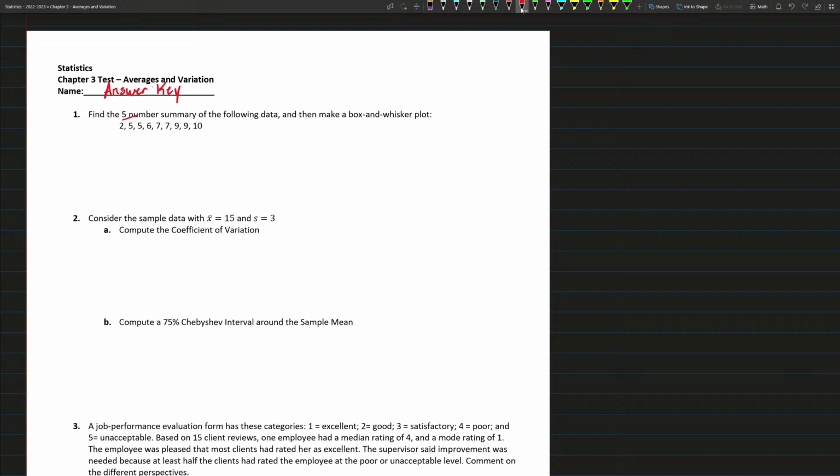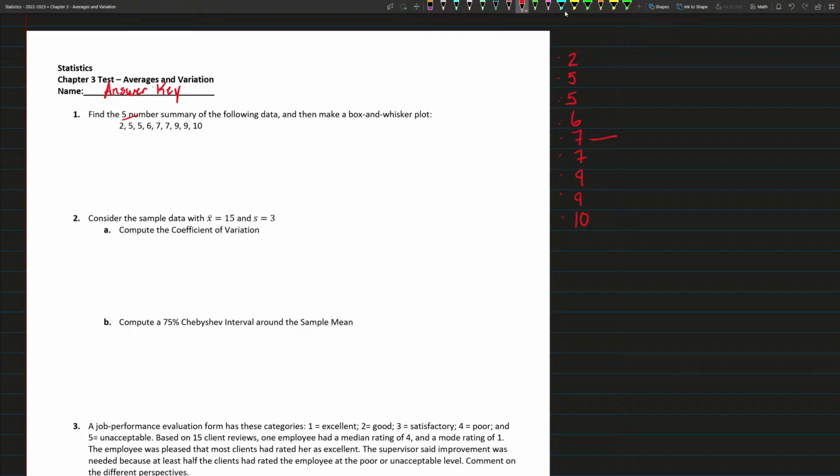So for the 5-number summary, I'm going to list these things in order, which is already done. I was supposed to make that 10. We have 9 different pieces of data. First thing we can get should be really obvious.